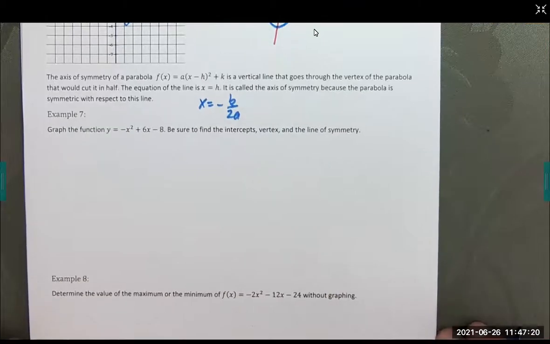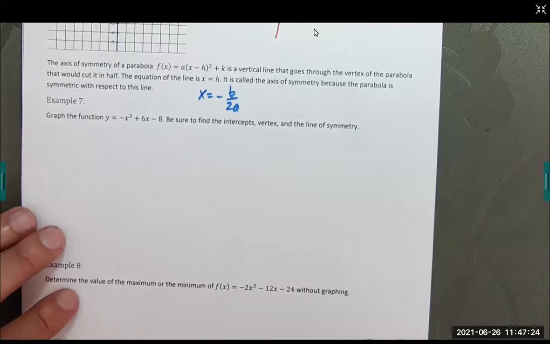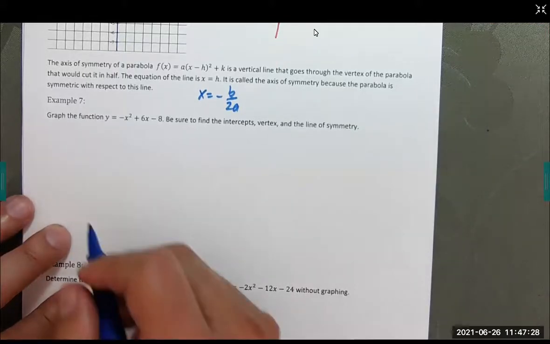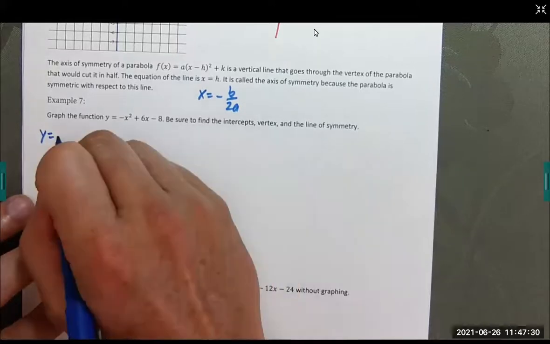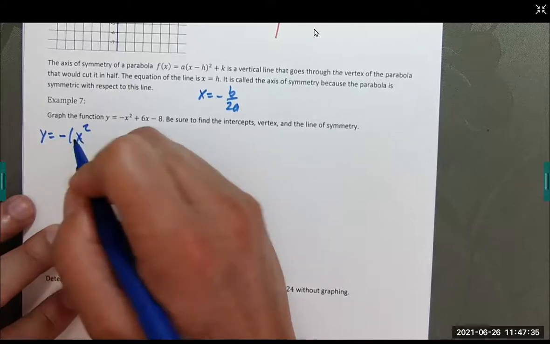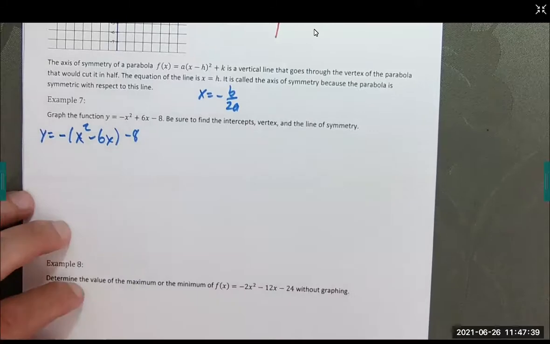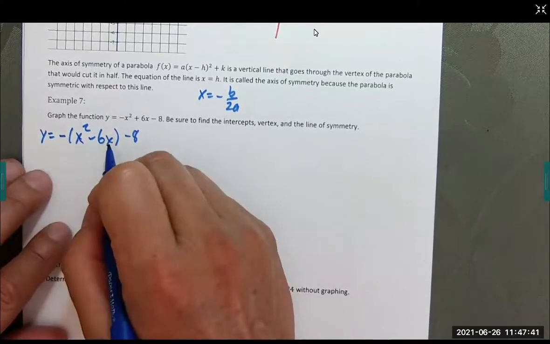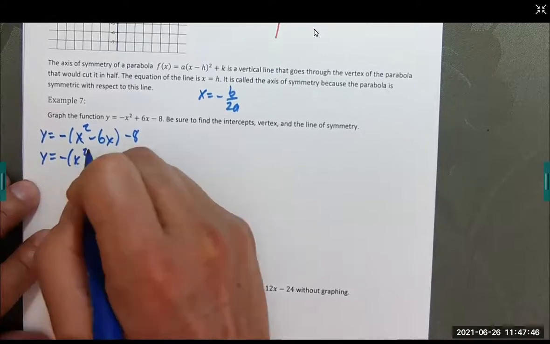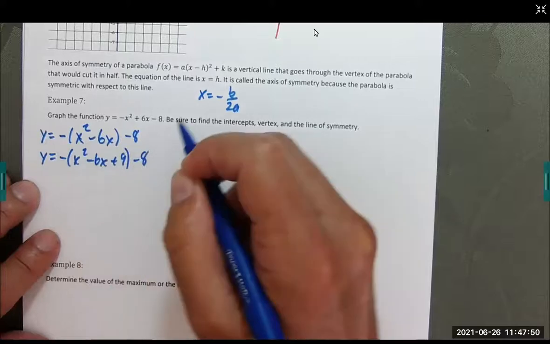So we're going to graph this line. And we're going to make sure that we find the intercepts. I'm going to transform this into the other form. And I'm going to add a 9 there, which means I have to, let me show you what I'm going to do. Now, to compensate, that's not a 9, that's a -9.